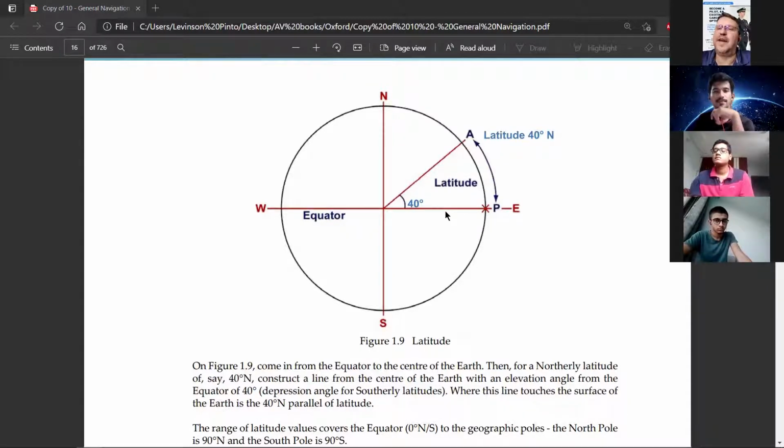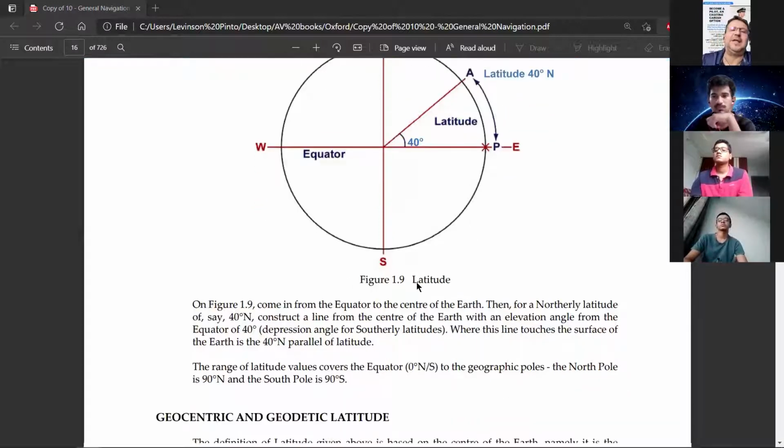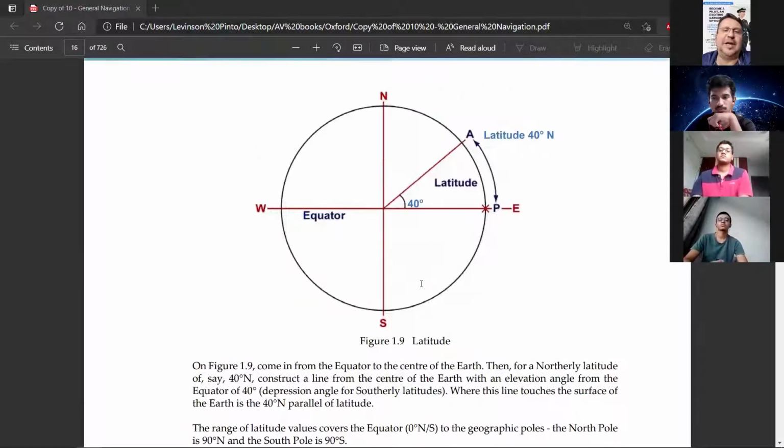The range of latitude values covers the equator, 0 degrees, north and south to the geographic poles. The North Pole is 90 degrees north and the South Pole is 90 degrees south. Yes, that's why before I mentioned, what is the meaning of 90 degrees? 90 degrees means to the left or to the right.